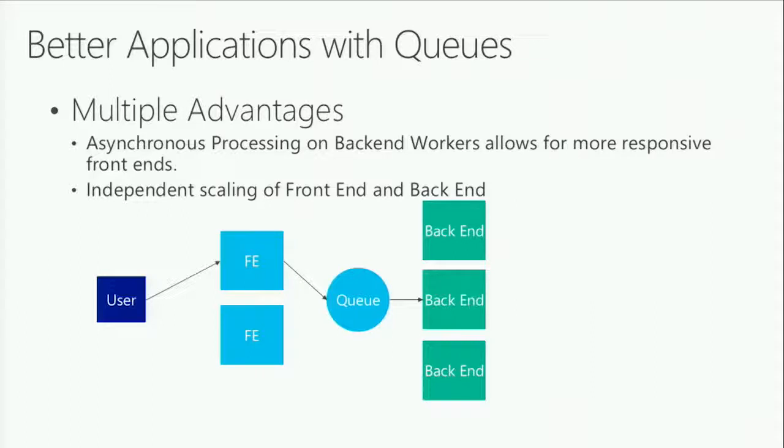This allows for asynchronous processing, more responsive front ends, and also, very importantly, independent scaling. You could have 2 front ends while you have 1,000 back ends, or any ratio you need to make sure that you're getting the performance that you want to have.